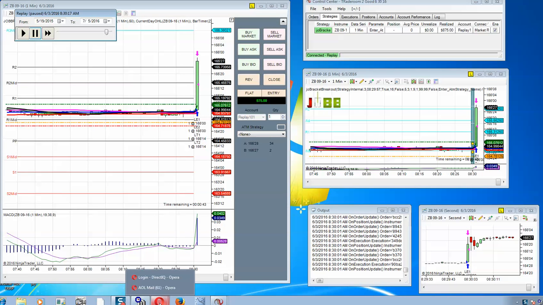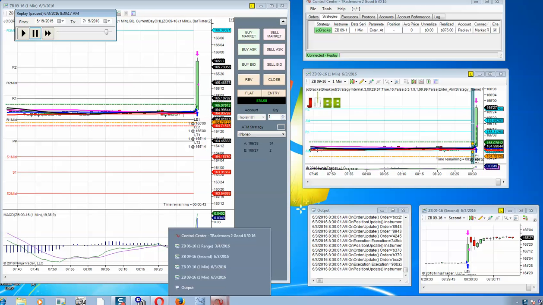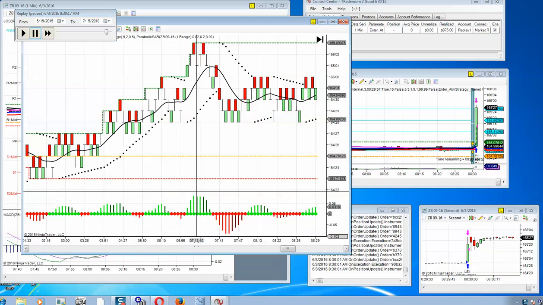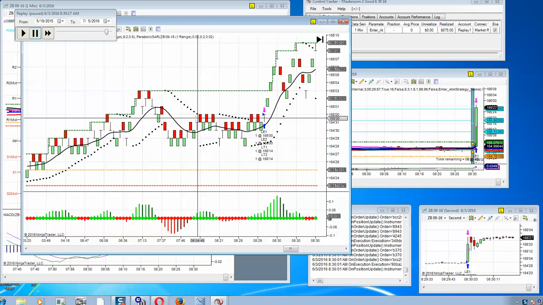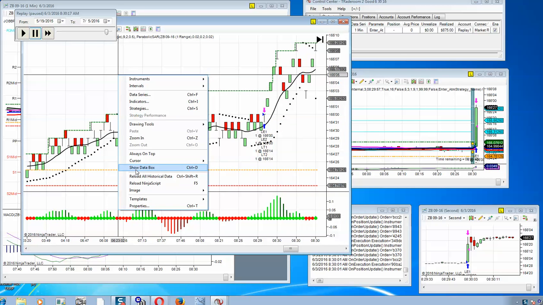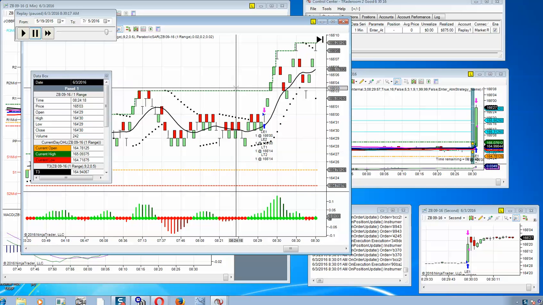We can double check our range chart to see if our direction was correct at the time of the trade. The time of the trade was 829. It's always best if you put the data box on, then you get a real test. 829.57.